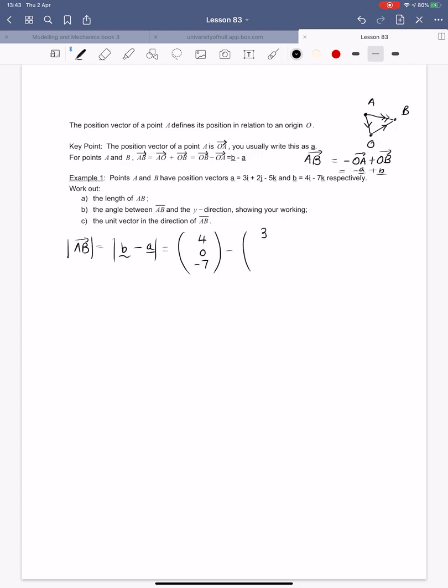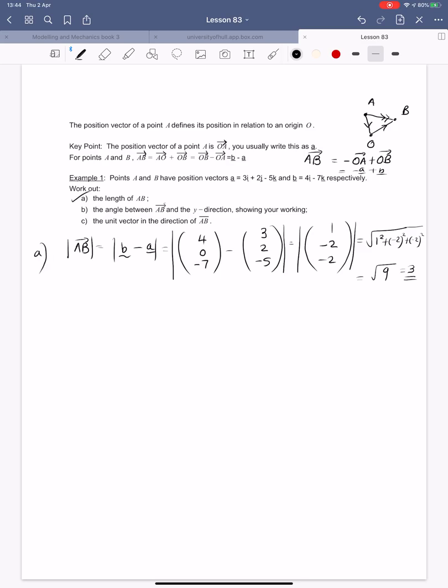And A is 3, 2, minus 5. So it's 1, minus 2, minus 2. And so then we want the size of all these. So the size of this is going to be the square root of 1 squared plus minus 2 squared plus minus 2 squared. So it's root 9, which is 3.